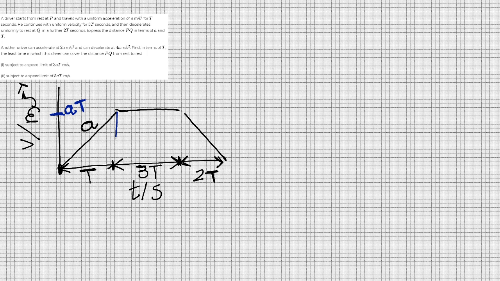So this guy here, a half the base by the height. Actually, I'll just write it up here. A half the base by the height, so that's a half AT squared, plus now the middle piece would be 3t times AT, so that's 3AT squared.